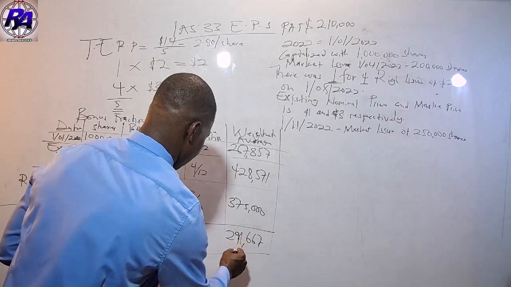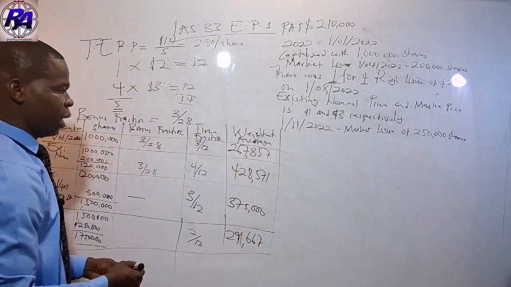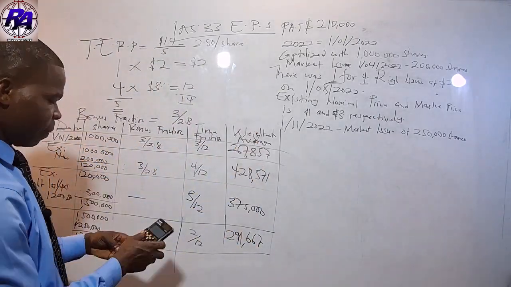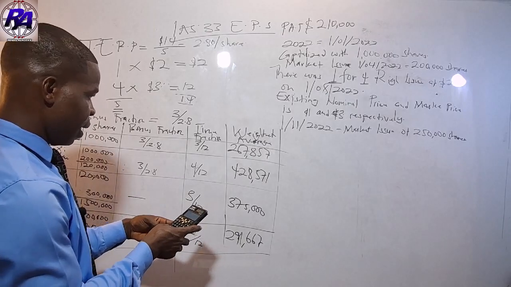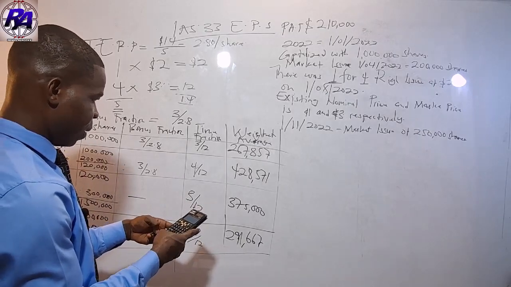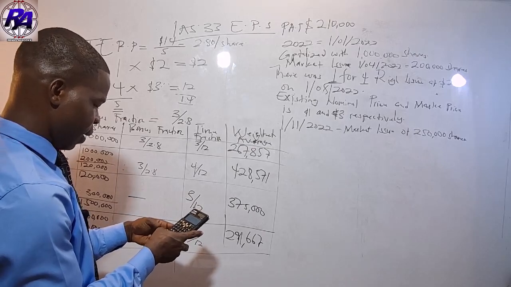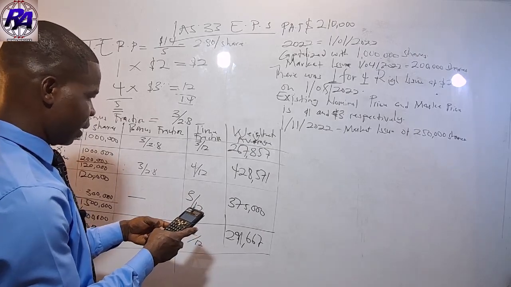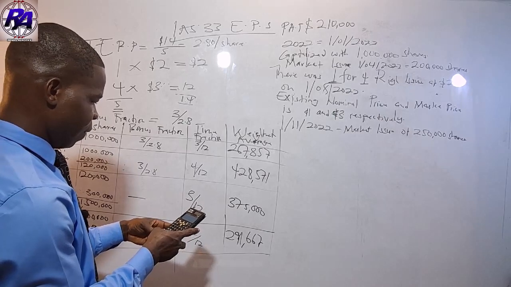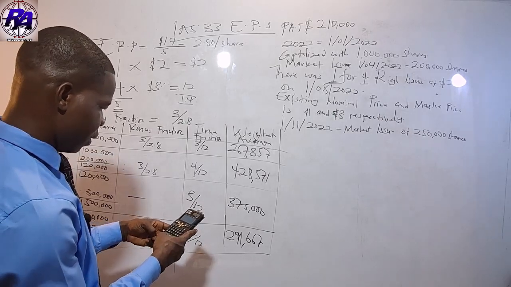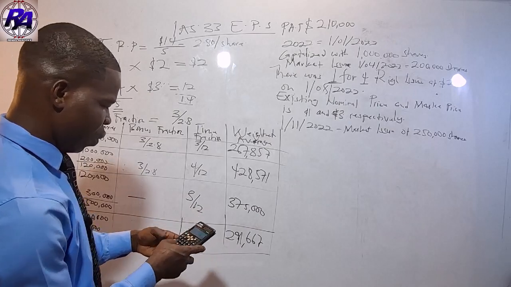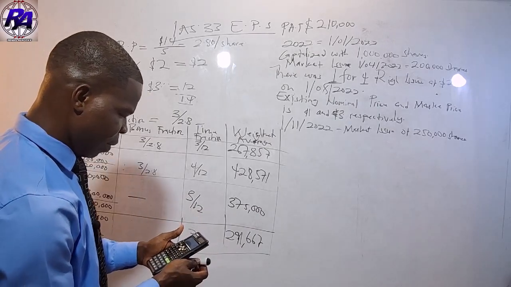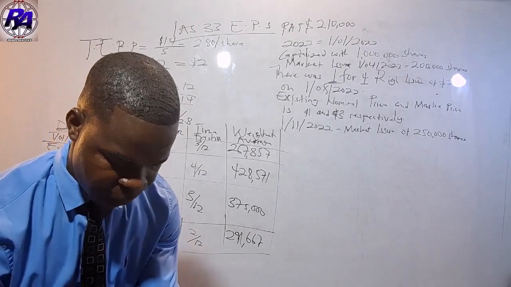And this is giving us 291,667. Alright, so we can now add everything together to get our weighted average number of shares. 267,857 plus 428,571 plus 375,000 plus 291,667. So all this is giving us 1,363,095.